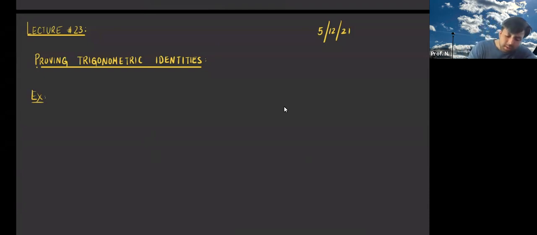Okay, so look at this equation here. I got 1 over 1 minus sine squared theta, and I want to show that this equals 1 plus tangent squared theta. So you see this? This is an equation that I want to prove or show to be true.